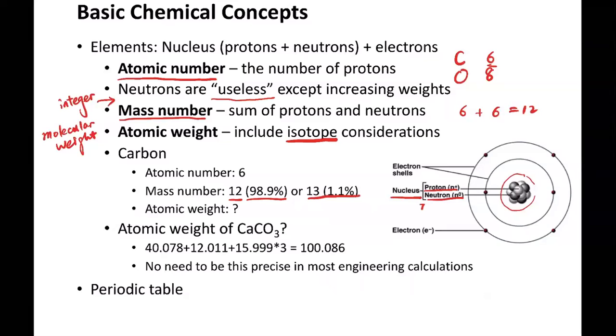So we mentioned that what determines an atom to be an atom is the atomic number, which is the proton number, right? So what this means is that if we consider the different forms of carbon, then they're going to have an atomic weight that is not 12 or not 13. Under this situation, we need to do a weighted average. We need to basically calculate the average weight of the carbon in the entire system, right?